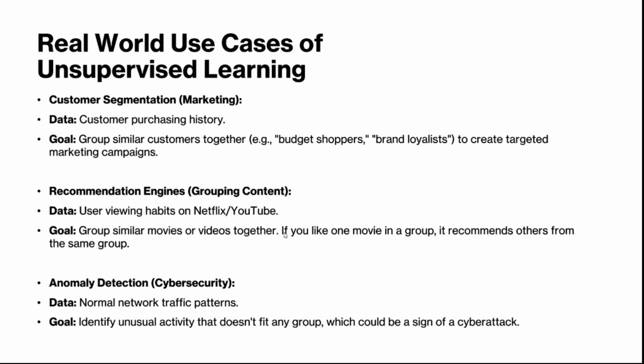So where do we use this unsupervised learning in the real world? First off, customer segmentation in marketing. So we give the input as customer purchasing history. Here clearly we do not know whether a particular person is a budget shopper or whether he keeps coming again and again and so on.